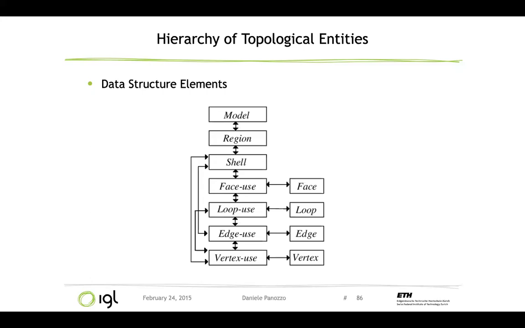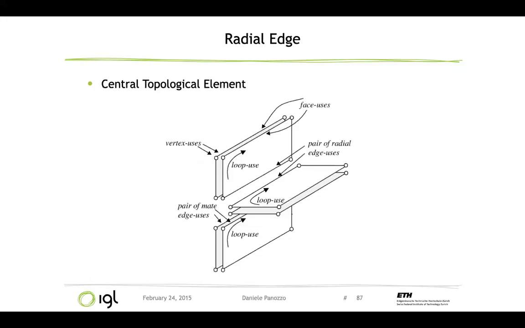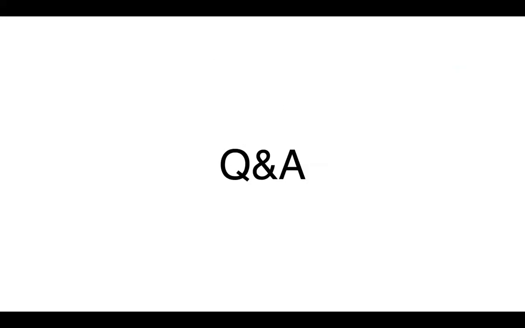So this is a way to easily represent regions that are encapsulated by shells. You can imagine that the half edge considers two uses of an edge in an orientable manifold. In a general case, you have to put the use for everything, but the central topological element is the edge. And that's it. Let me close.